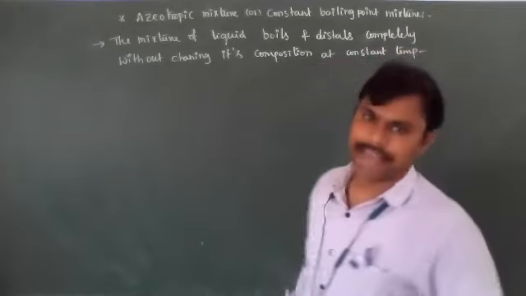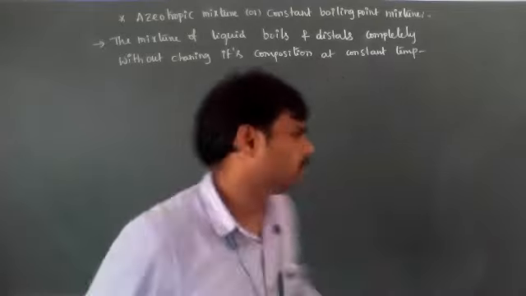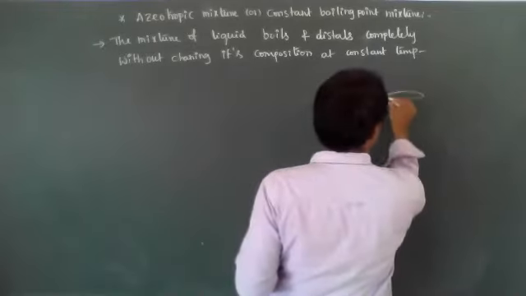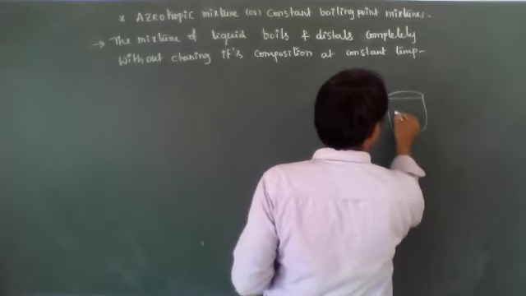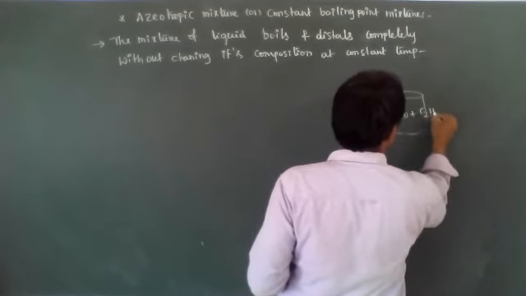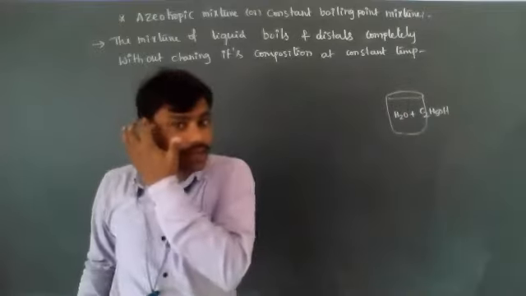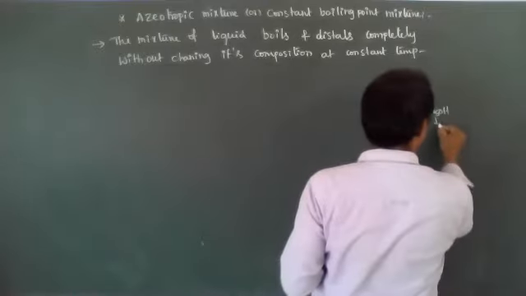That is known as an azeotropic mixture. For example, take in one beaker water and ethyl alcohol, C2H5OH. What kind of solution is this, dear students? Positive deviation solution.